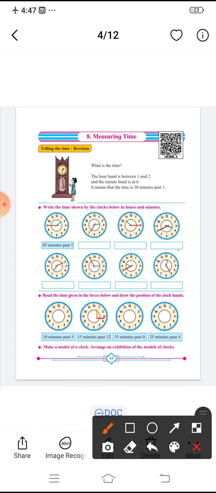Okay. Now next one is 35 minutes. That means 7. 7 5s are 35. Correct? So 7. Then 7 5s are 35. Then 8.